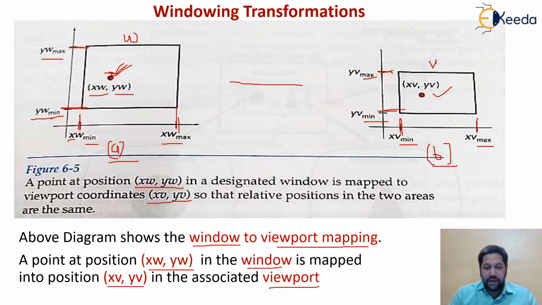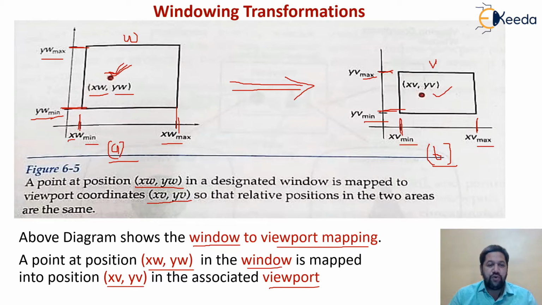Now this mapping is what we have to perform. I have to map this window to the viewport. I want to transfer this point, which is captured in the window in the world coordinate system, and map it to the point xv comma yv in my screen coordinate system or device coordinate system, with respect to the viewport.